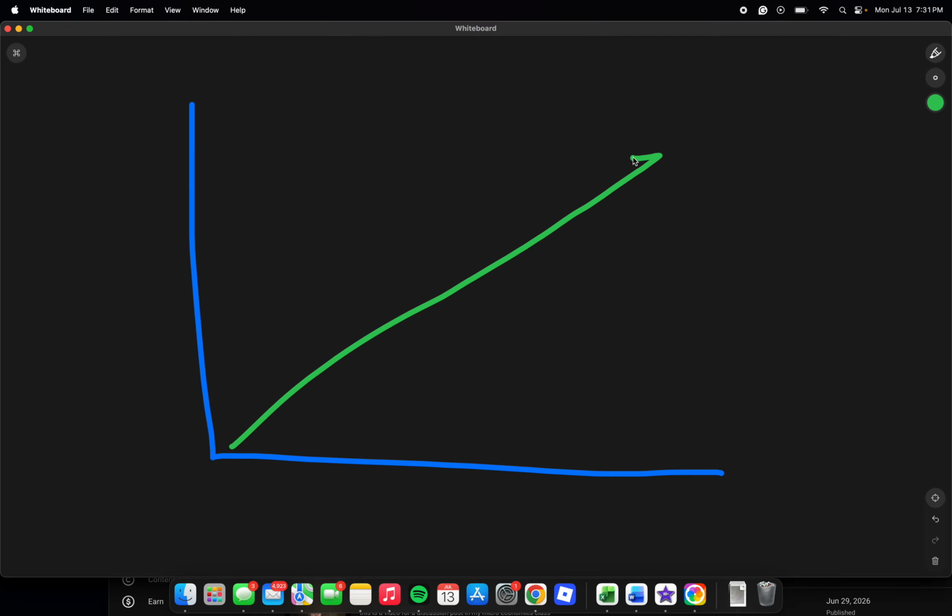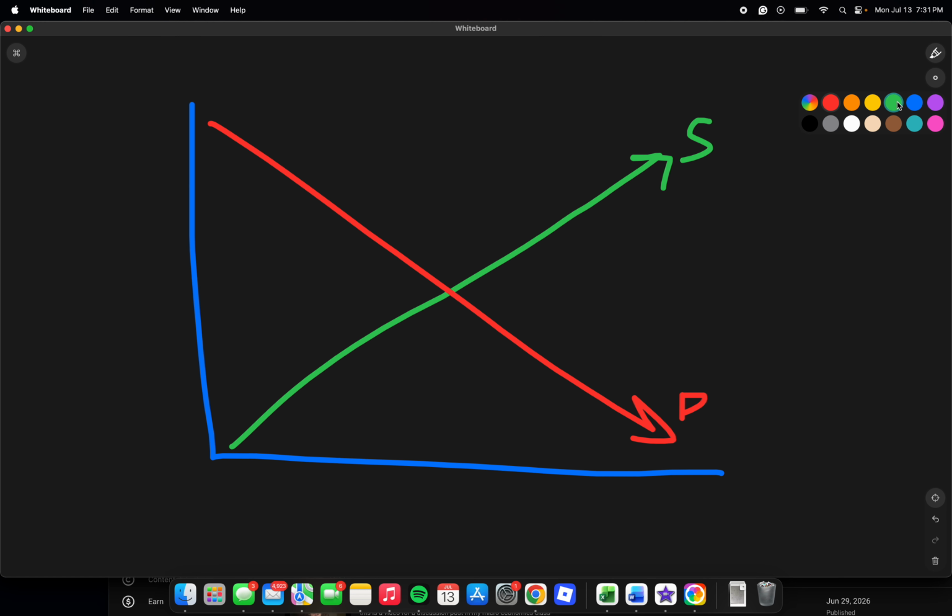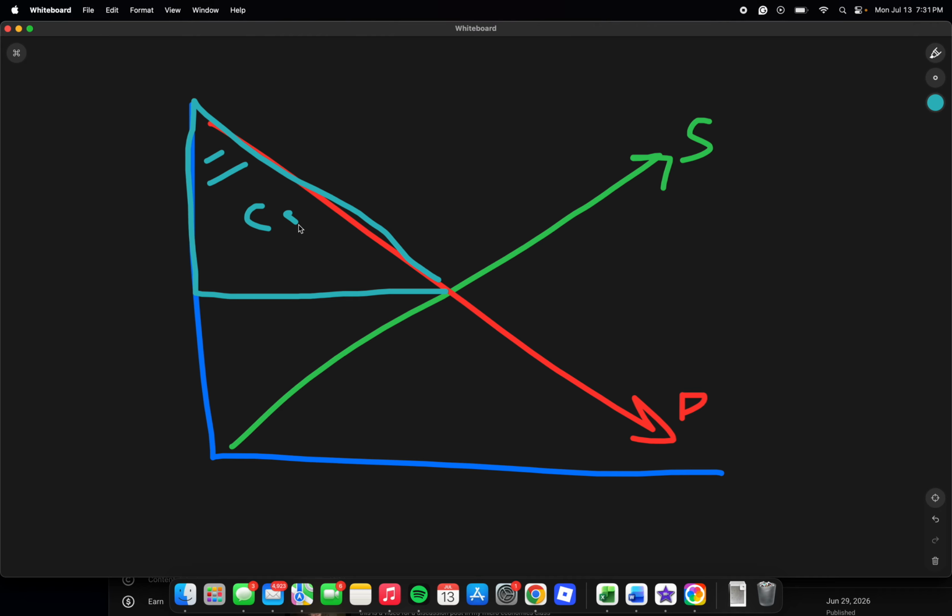Okay, so let's say we have a supply curve and we also have a demand curve, I guess like so. And the question states that you have some amount of both consumer surplus, which in this case is going to be this area here.